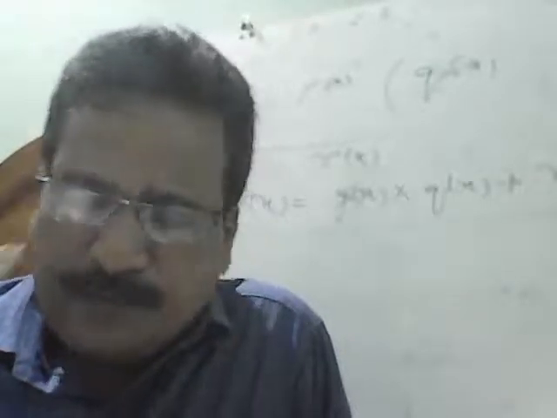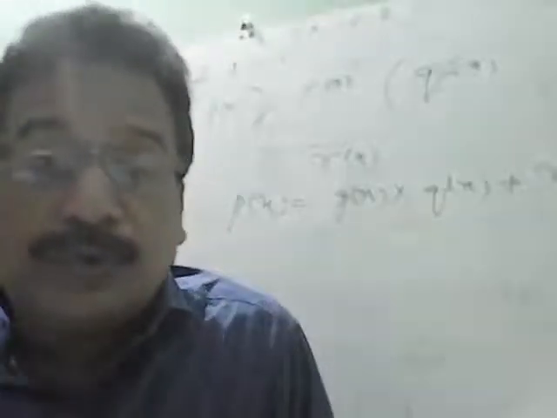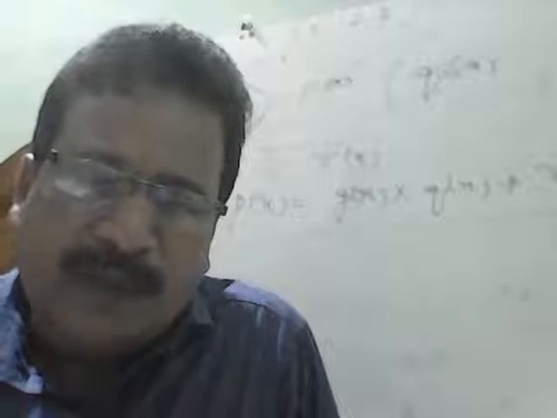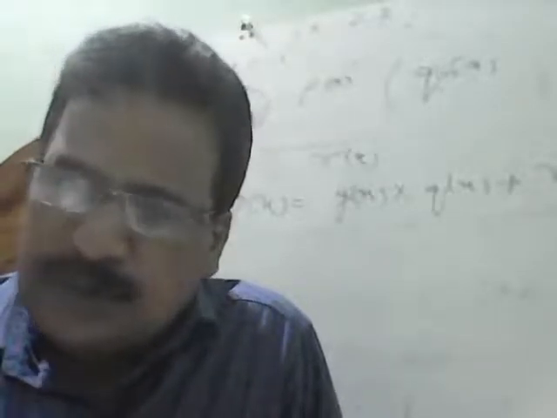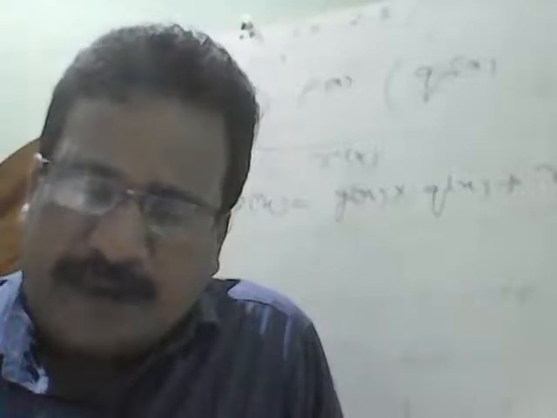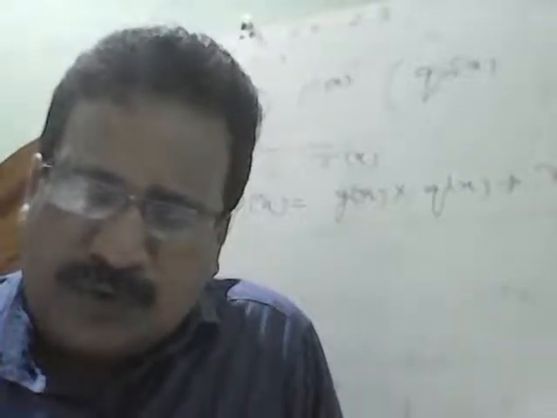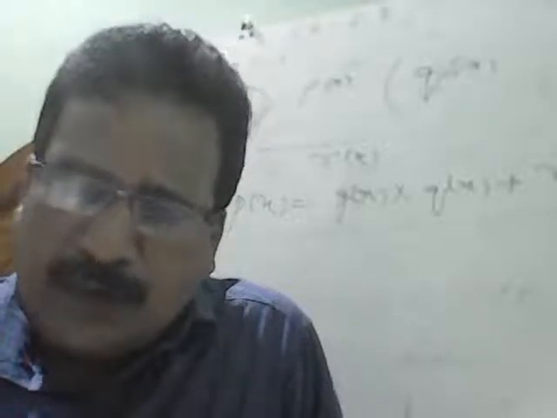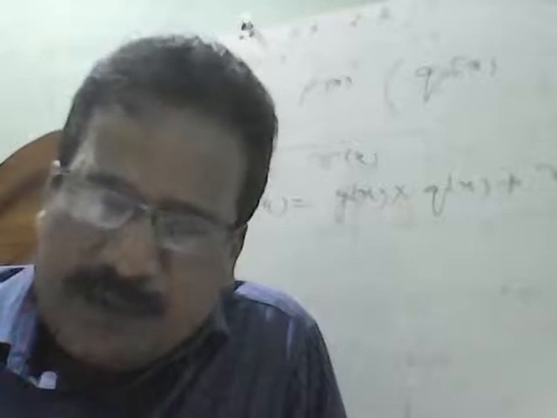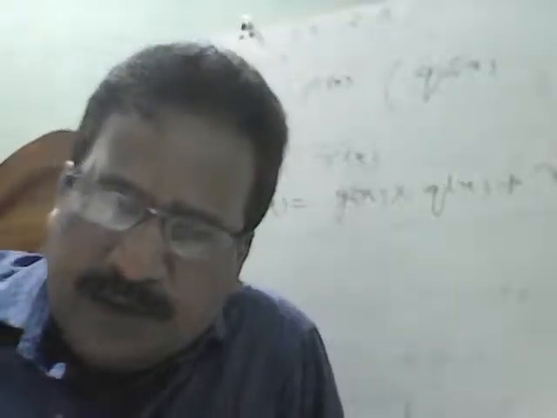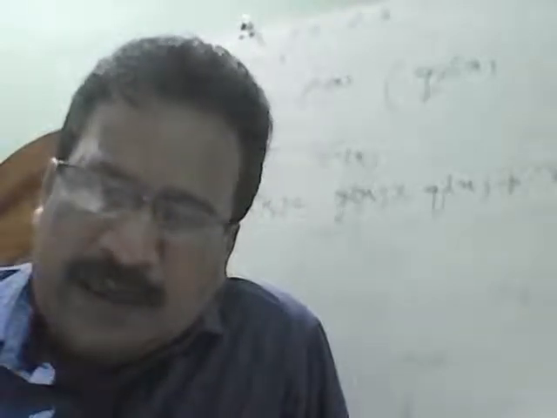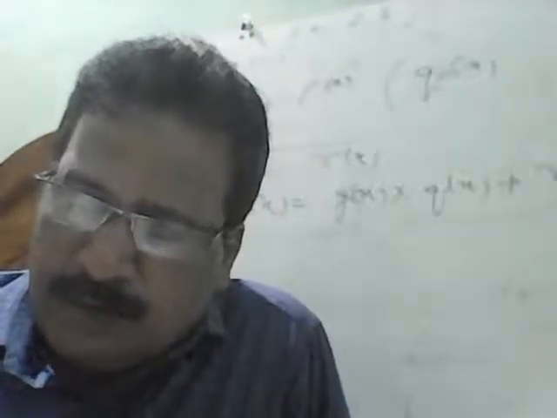The product of these two factors, x minus root 2 into x plus root 2, is also a factor of the given polynomial. The product is x square minus 2. You have to write x square minus 2 is a factor of the given polynomial.